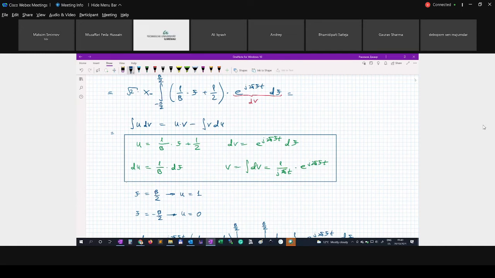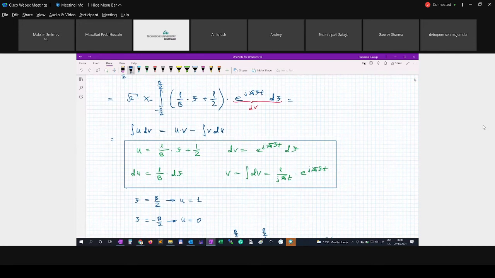Do you mean this minus for exponential function? Let's try to check it.